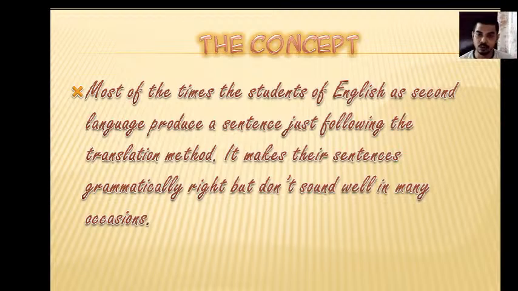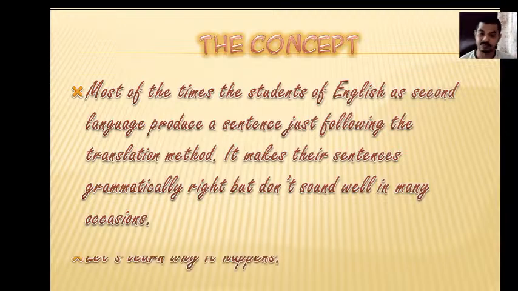So first, you must look at the communication purpose of your sentence. If you can communicate what actually you mean, obviously grammar would come eventually to make your sentence grammatically correct as well. So first, go after the purpose. Don't go after how. Go after what first. So this is the concept.